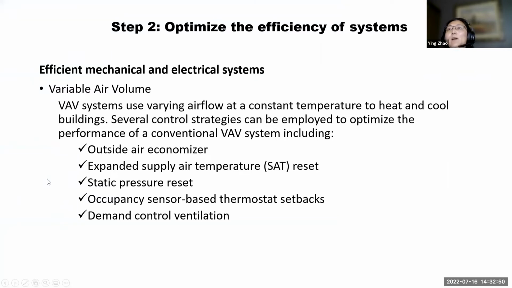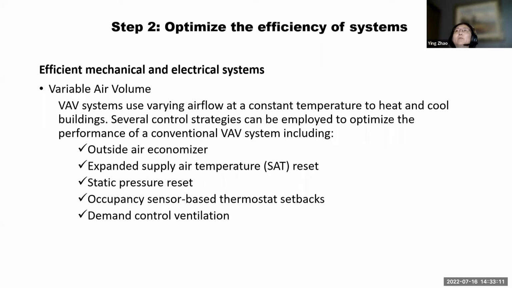Another one is a variable air volume system. That system uses variable airflow at a constant temperature to heat and cool the building. So the flow will change depending on the load.